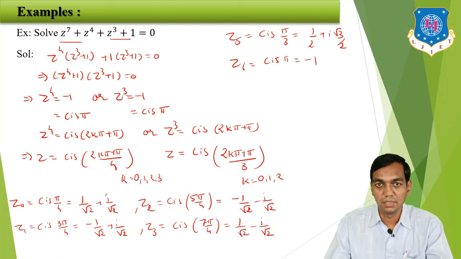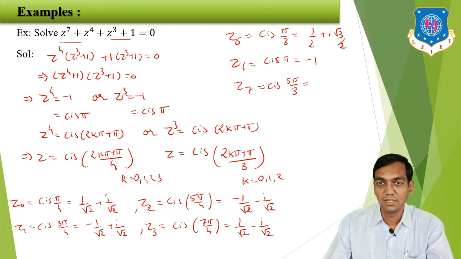Okay, and Z7, if you put k is equal to 2, then you will get cis 5 pi by 3, that is 2 pi minus pi by 3. 2 pi minus theta gives cos theta, so in the fourth quadrant cos pi by 3 is positive and sin pi by 3 is negative.